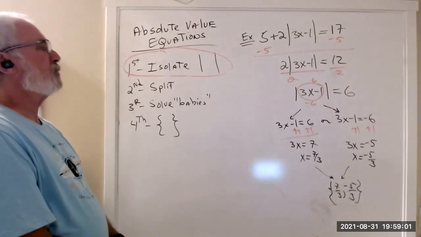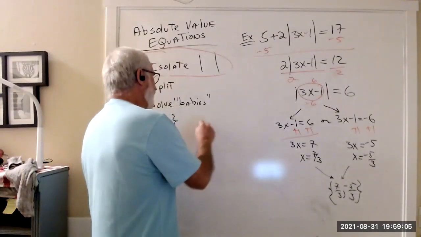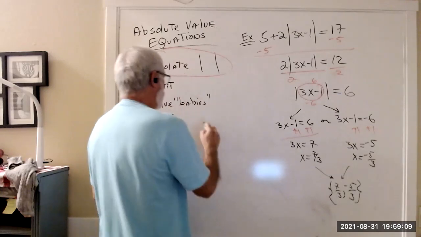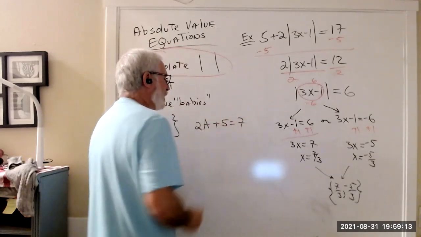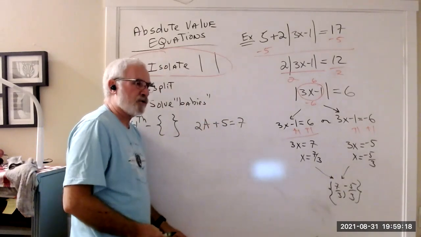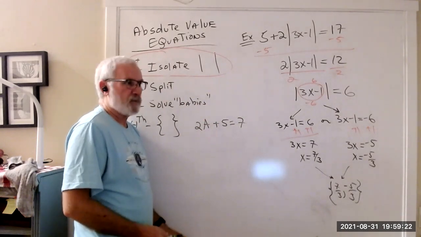Okay, because you violated Aunt Sally. Think about this equation here. If I gave you this equation, what would you do first? Subtract 5 from both sides. Okay.